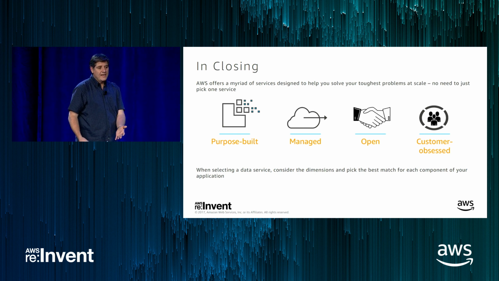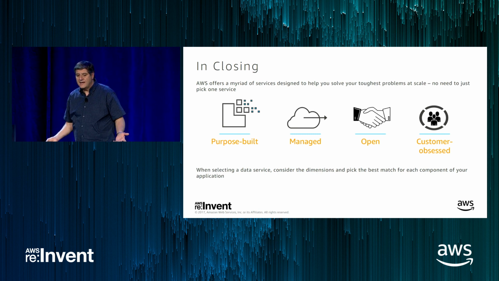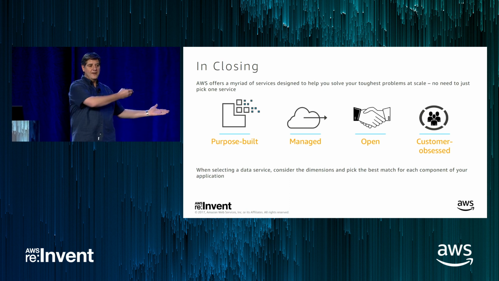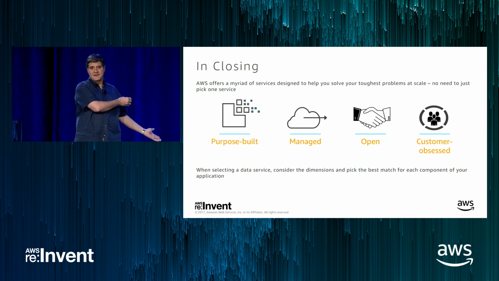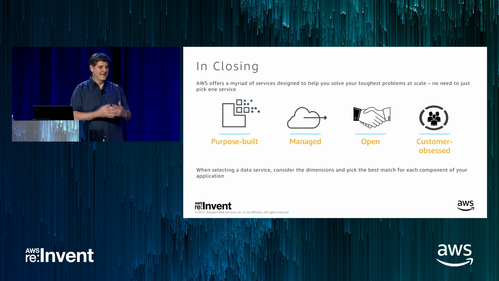You want to bring your MySQL or SQL Server or Oracle or take it out. That openness allows you to do that. And of course, the customer obsession is, you tell us what doesn't work for you, give us feedback at re:Invent. We go spend the next 12 months fixing all the stuff that you want us to fix. We come back here, and then we start the cycle all over again.